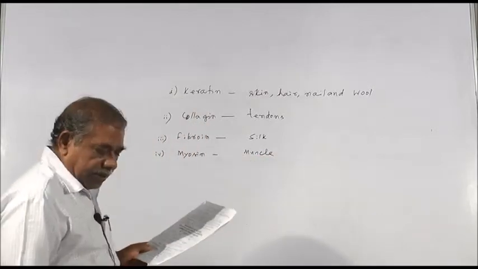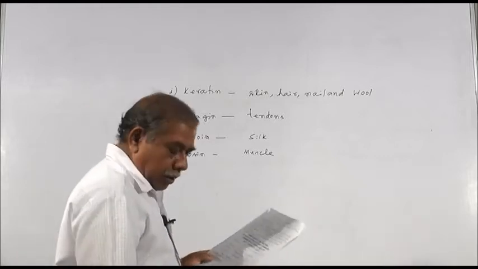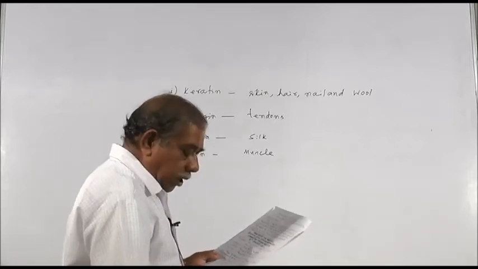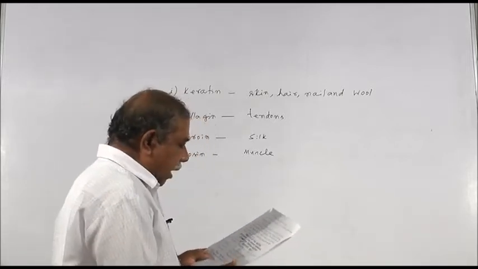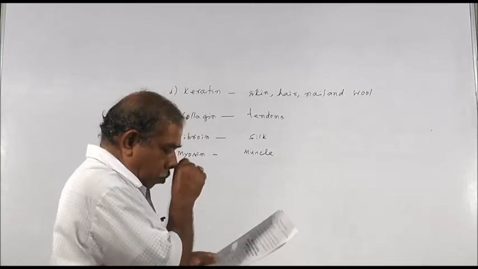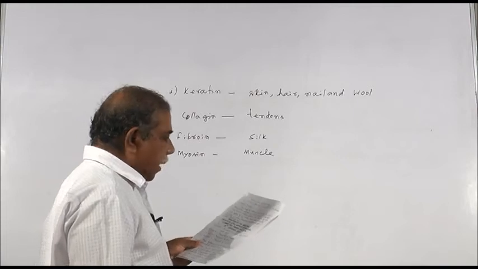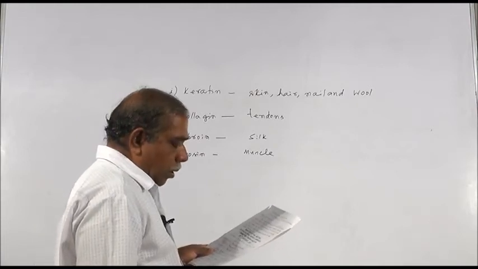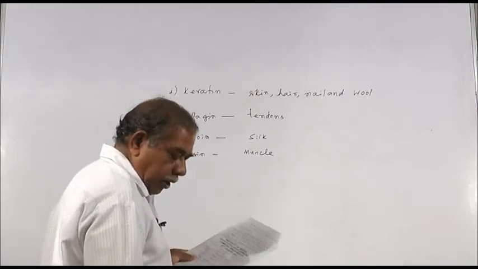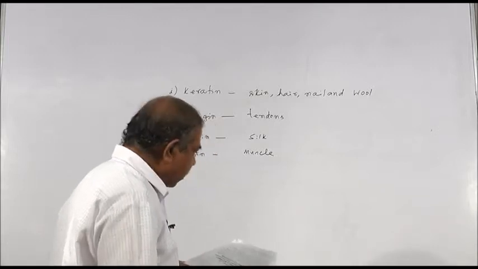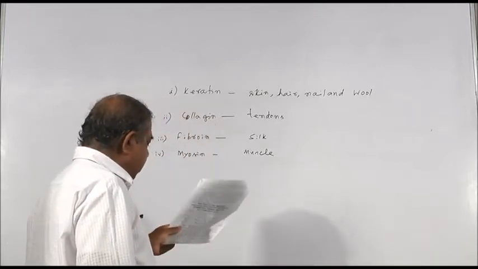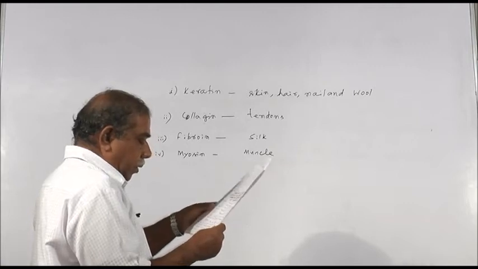So fibrous protein, as I have told you, consists of linear thread-like molecules which remain side by side and form fibers. The molecules are held by hydrogen bonds, and these are usually insoluble in water.